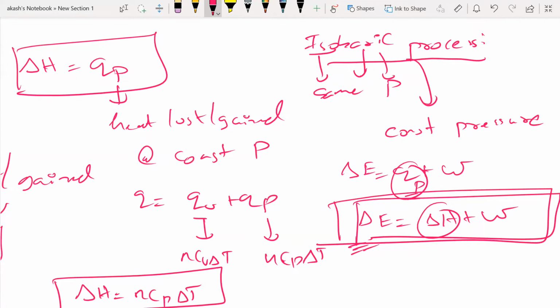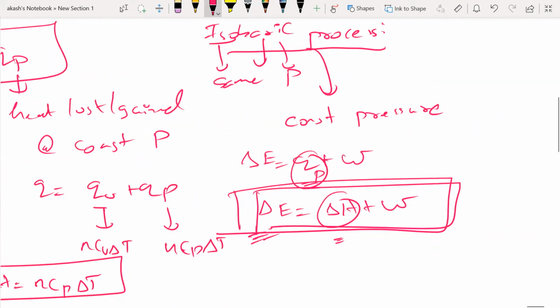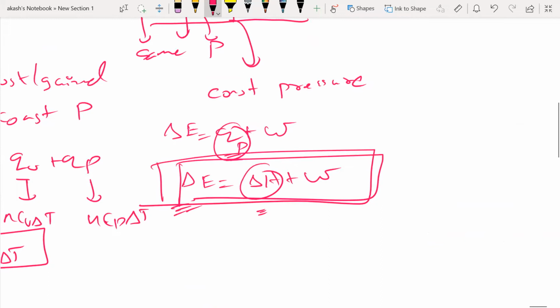Let me plug in the charger once again. So delta E is equal to delta H plus W, because the heat lost or gained at constant pressure is how we define your delta H. Now you will be able to get a relationship between delta E and delta H depending on what the W is.